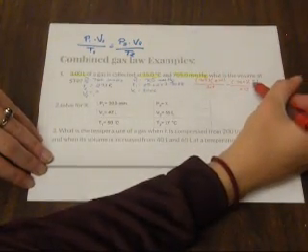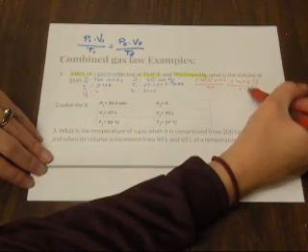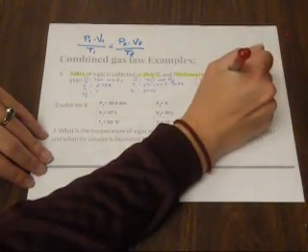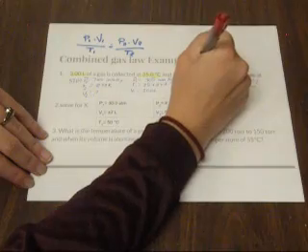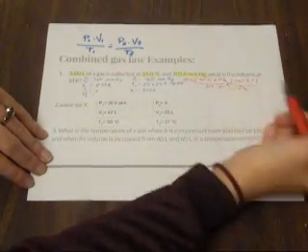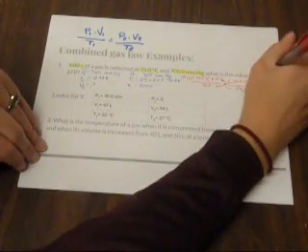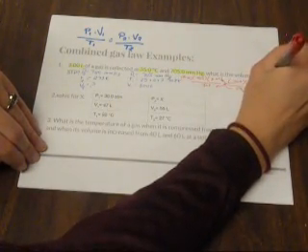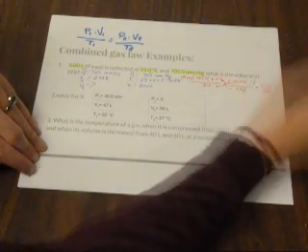Now to get our question mark, or our V2 by itself, we need to multiply this 273 up here, and we need to divide our 760 down here. So we're really doing this, 273 over 760.